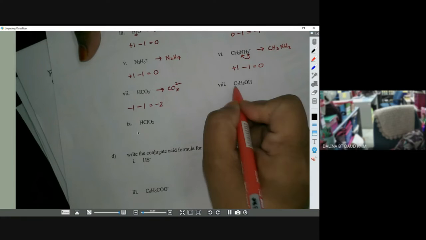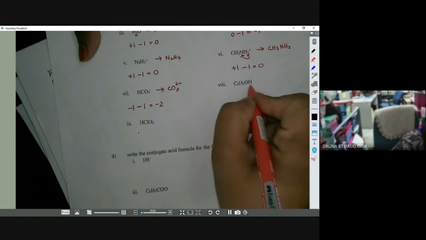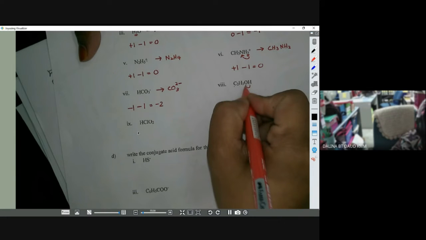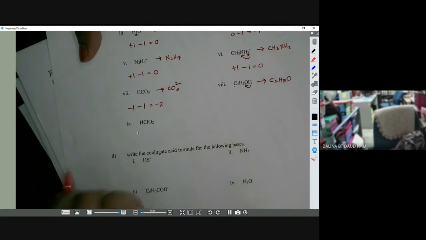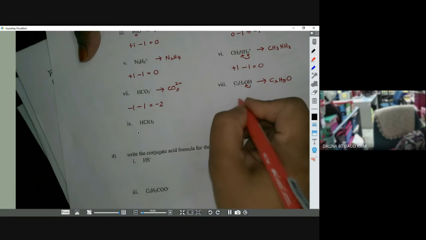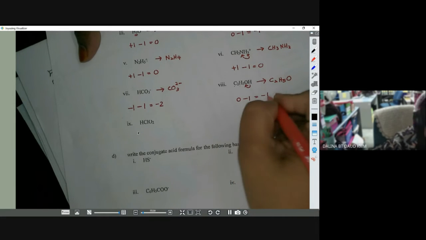So actually we donate the H that bonded to O. Kita tak buang H yang bonded pada C. So the product is C2H5O. So 0 minus 1. So this is equal to -1. So the charge is negative.